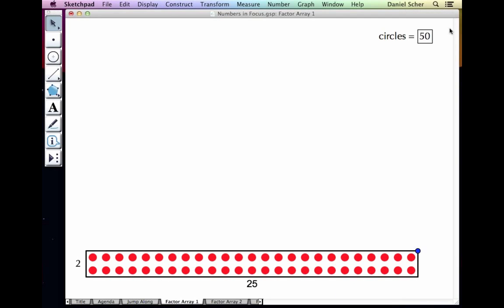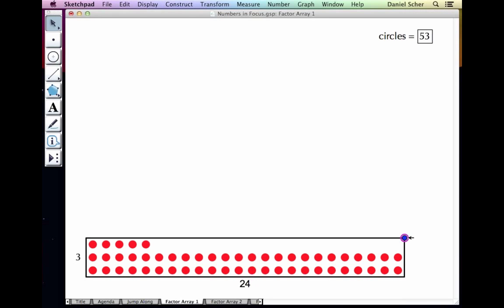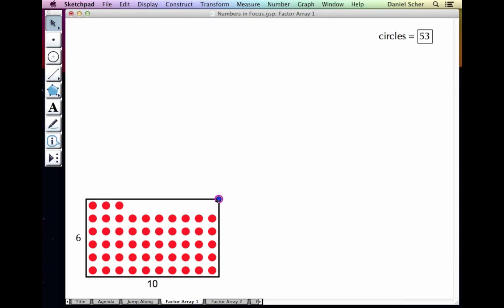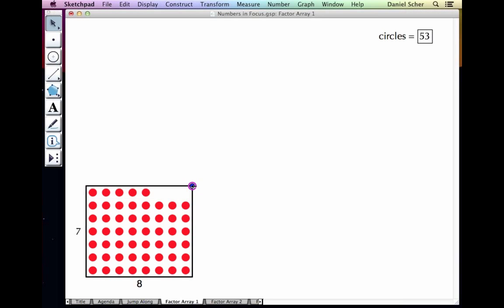What if I make that number just a bit larger and change it to 53? Can I now fit these into different rectangular frames? I can try for a while, and I might think I've almost got it, but no, I don't.